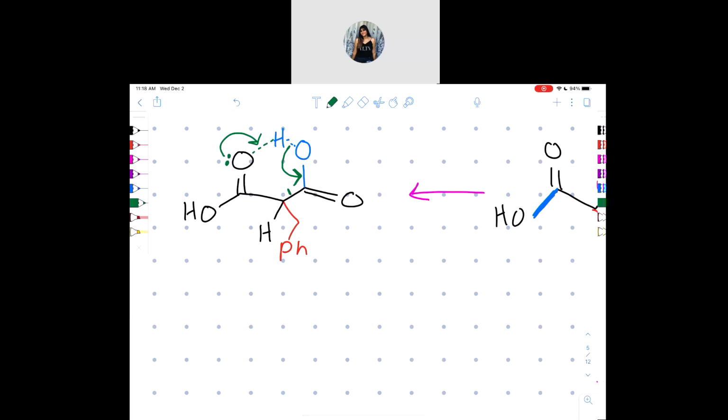And so that means this bond right here has to be broken, and those electrons are going to jump over here to create another double bond. So it's almost sort of like a Friedel-Crafts reaction, right? When it's all happening at once.